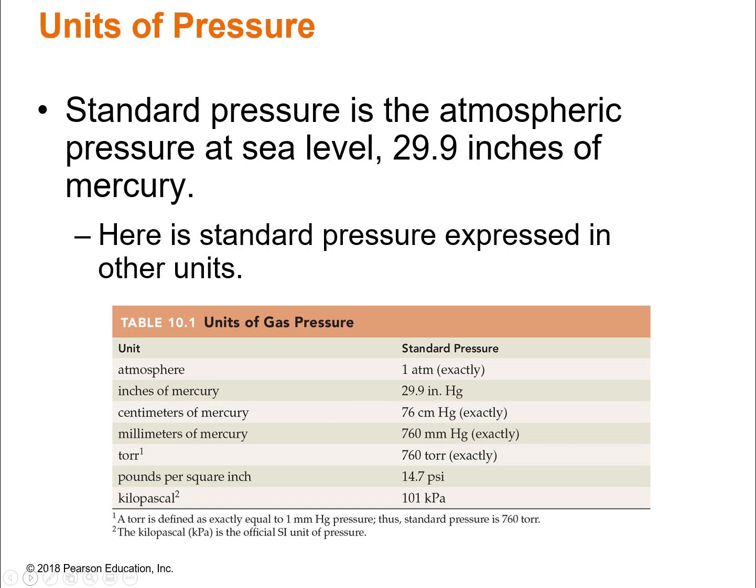So this table, do not memorize it, but it will be helpful for you for homework and for the quiz for Chapter 10. The ones that I will be testing you on mostly: atmospheres, millimeters of mercury. You might see torr thrown in there.